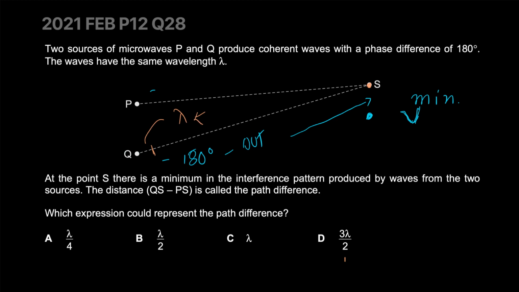So D and B would produce a maximum and C would produce this minimum that they're talking about, and this would just create something in between because it's not half of a wavelength. So the correct answer is C.